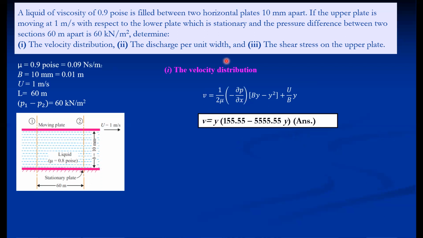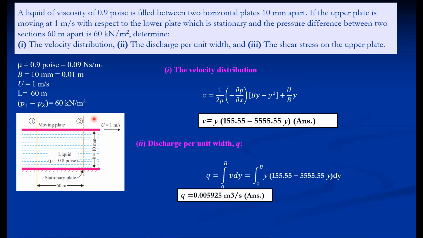Now, discharge per unit width: for that we can integrate this expression with respect to y, and the limits of integration are 0 to b. So discharge is the integral from 0 to b of v dy, and after integration we can calculate the discharge, that is 0.925.